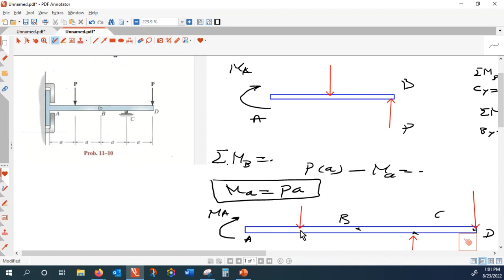So one zone between here to there, and also between that point load and point B, I consider one zone simply because I know here the bending moment is 0. So 1, 2, 3, 4 zones I define. So that is zone number 1, zone number 2, zone number 3, and this is zone number 3.